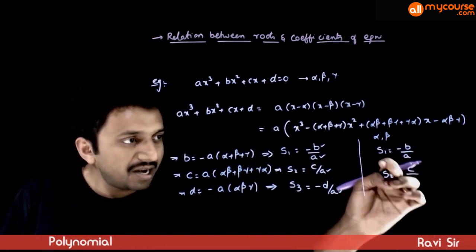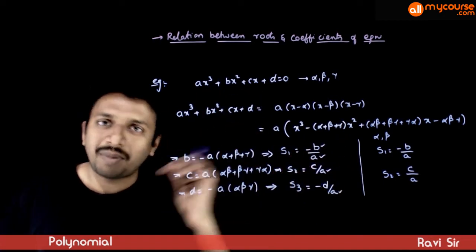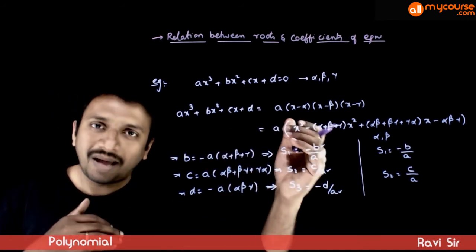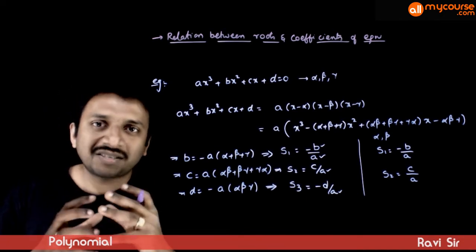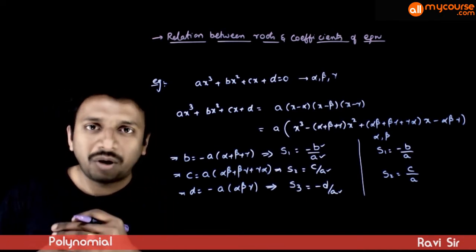You have an alternating minus plus. If you have 3 roots, minus plus minus. Next, if you have 4 roots, you'll have minus plus minus plus and so on. So let us write the final formula for a general polynomial equation.